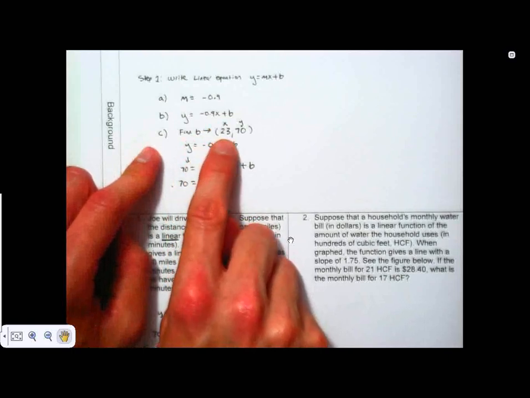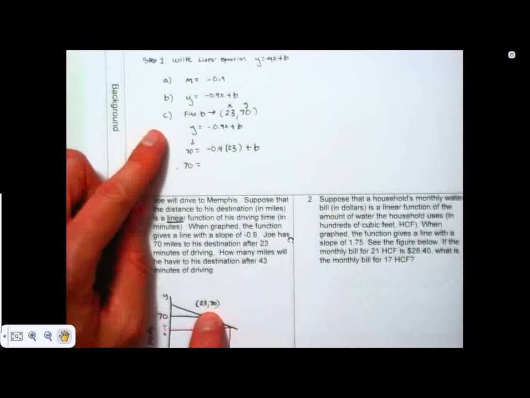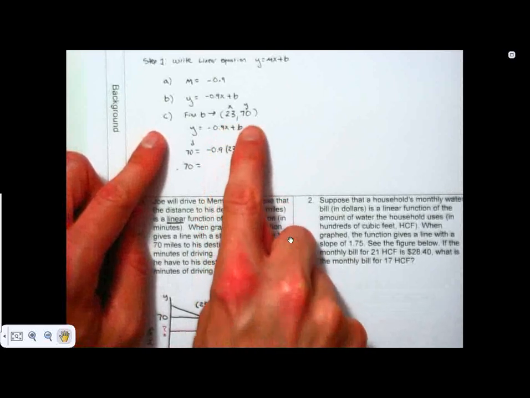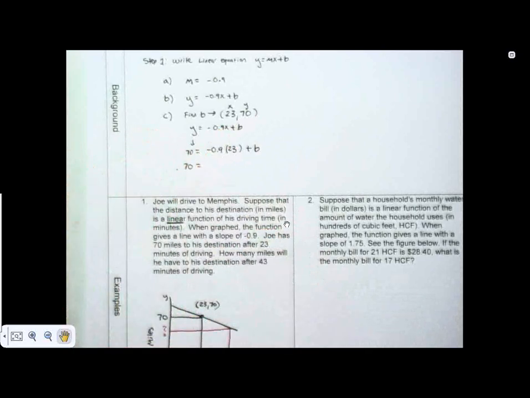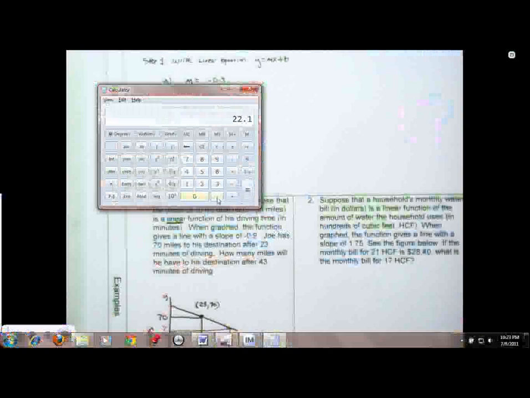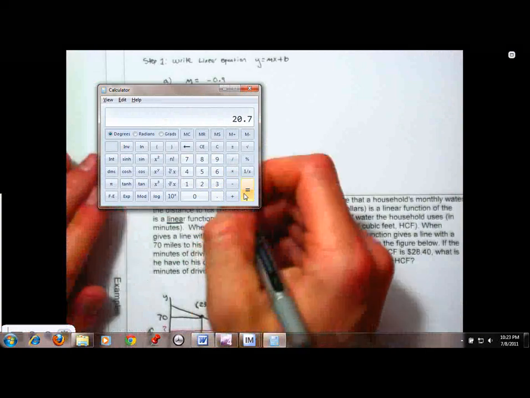To find the b value, I'm going to plug in the x and y coordinates that they gave me, this (23, 70) point. I'm going to plug 23 in for x and 70 in for y. In this problem, they're going to give you a calculator. So we've got 0.9 times 23 is 20.7, and I know that should be negative.